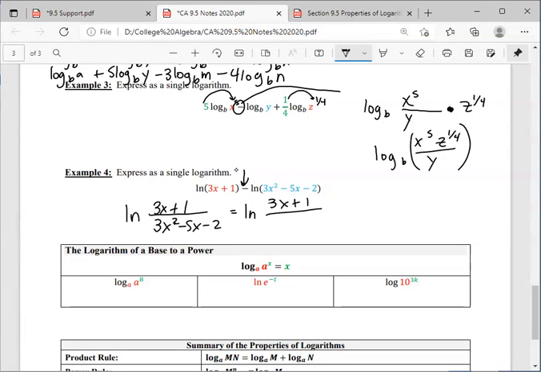There's not anything on the top I could factor out, but if I use the quad program here, it would tell me my zeros. A is 3, B is -5, and C is -2. And so it's telling me that my zeros are 2 and -1/3.